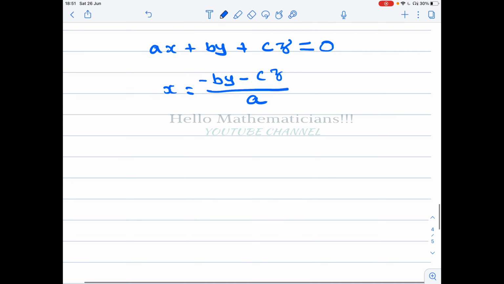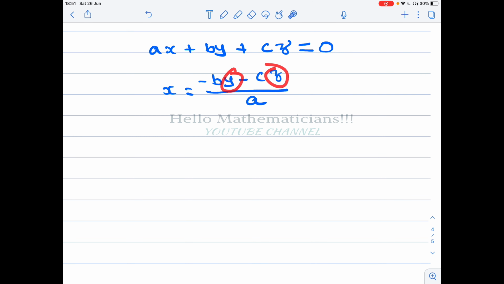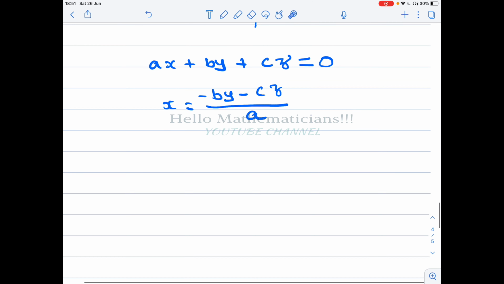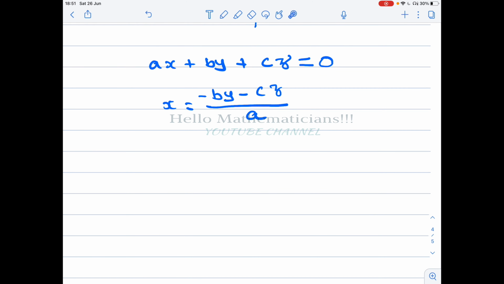Now here this y you can take any real number, and z you can take any real number. x depends on the variables y and z. x is not an independent variable, only y and z are independent variables. So in any equation in three variables, only two of them are independent, or free, and only one of them is dependent.